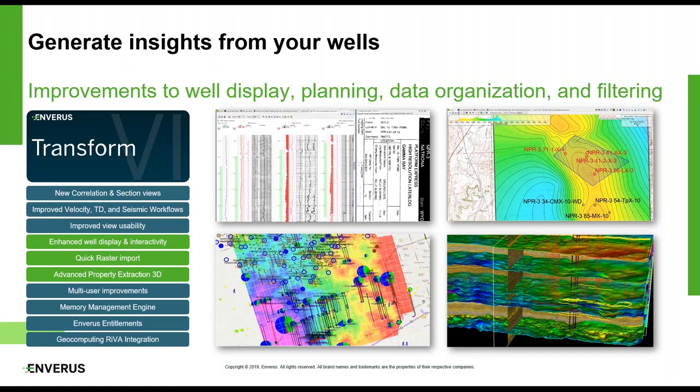Let's see, I want to make sure I'm not forgetting anything here. In the lower right-hand corner here, you're seeing the output from the advanced property estimator that Lisa talked about earlier. What we've gone ahead and done in Transform 6 was allowed that tool and built out that tool to actually write out to 3D seismic volumes.